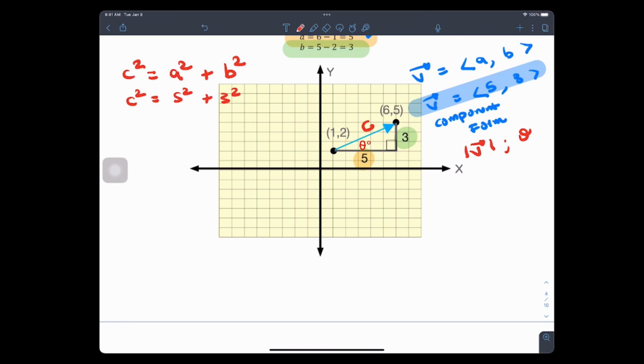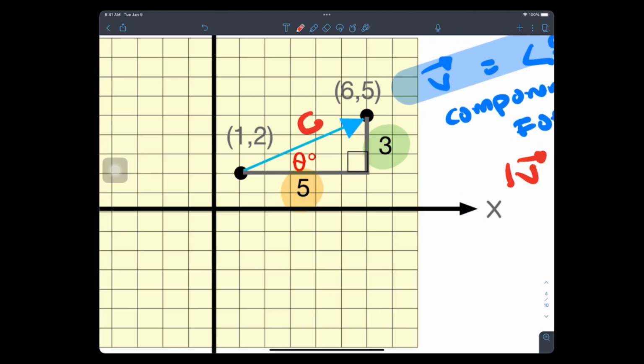Well, the hypotenuse is a length. So the hypotenuse is a length here. So then C is a square root now of what? 5 squared plus 3 squared.